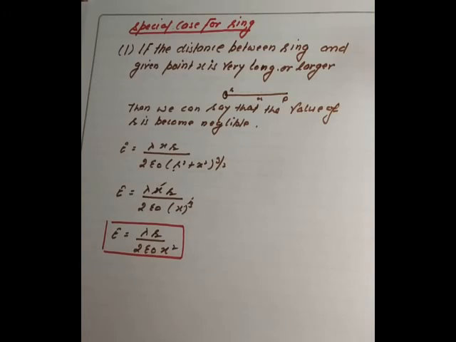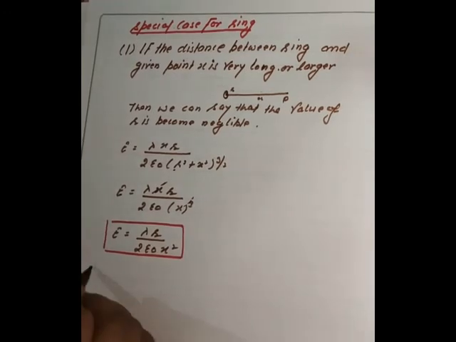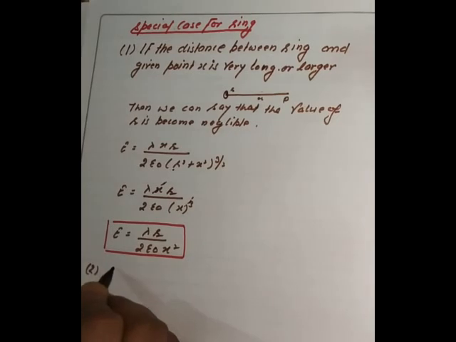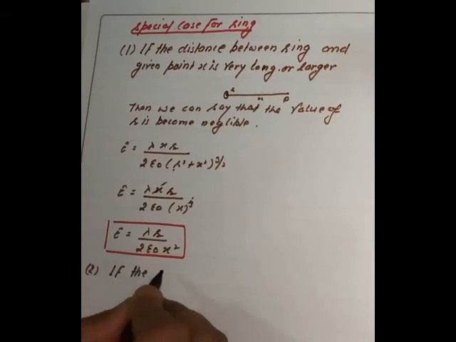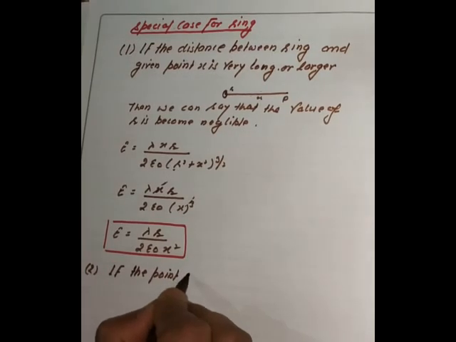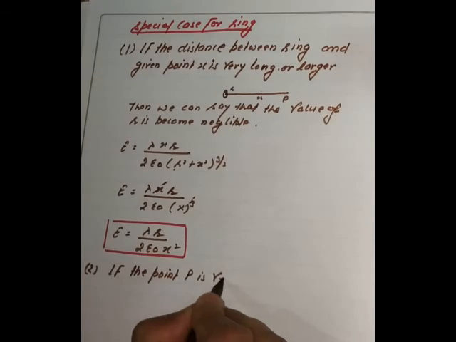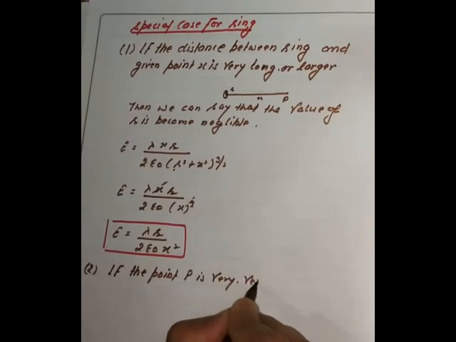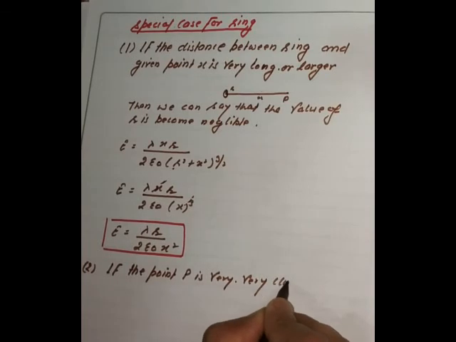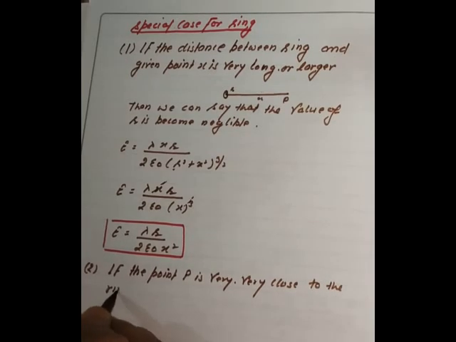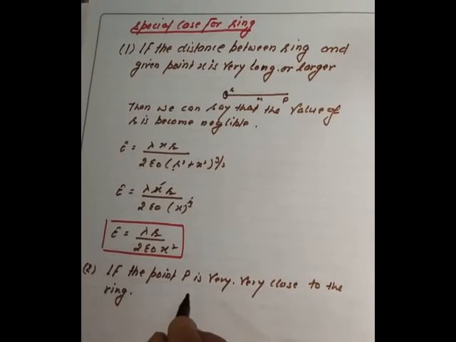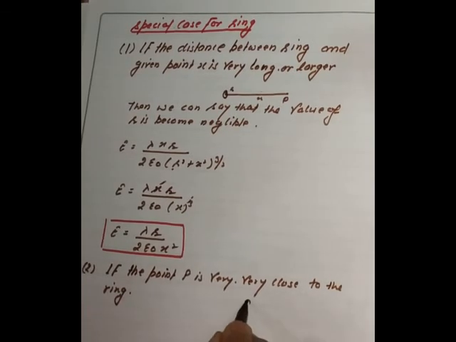Then another special case: if point P is very close to the ring, in that case the ring looks like a huge ball.